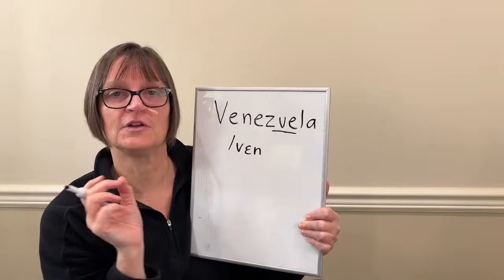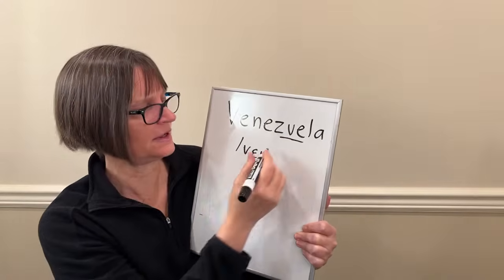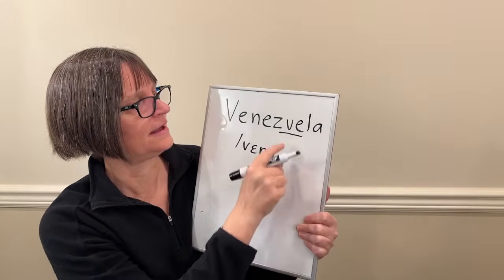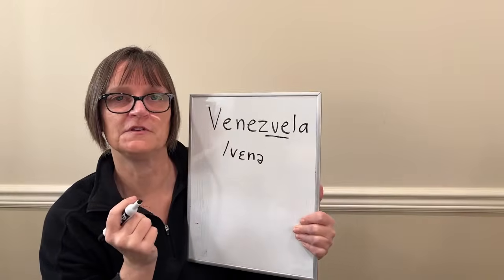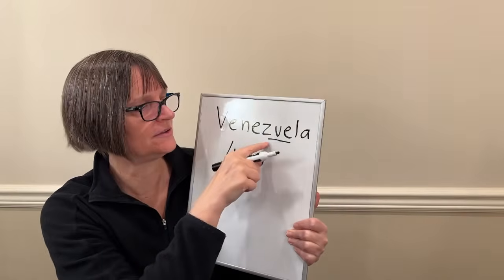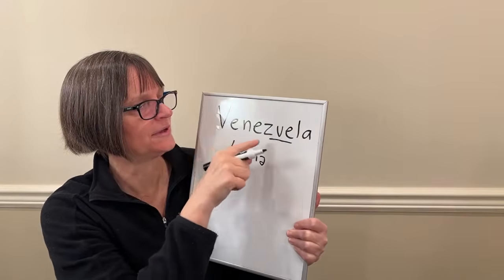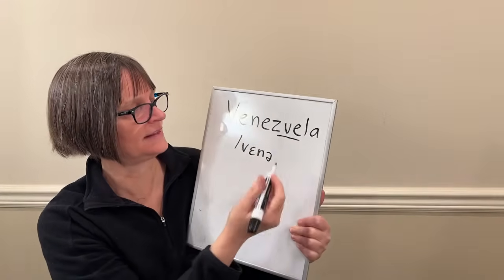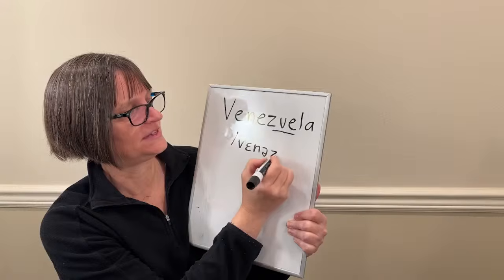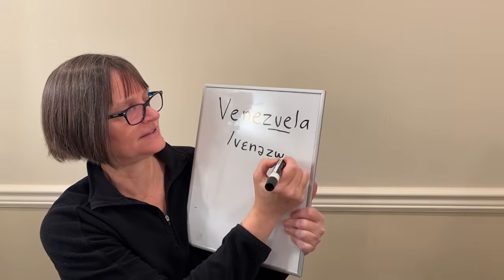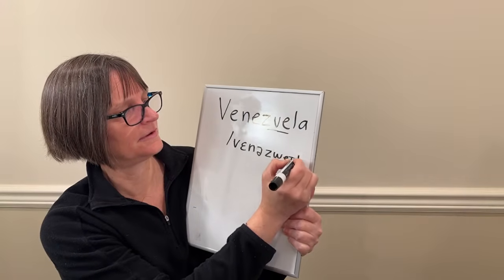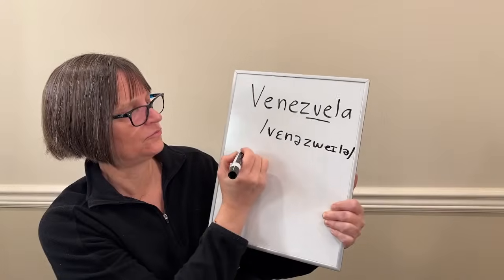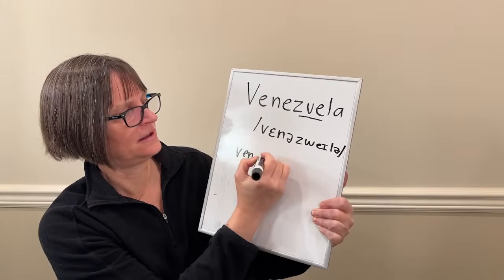Then the second letter E is going to be an eh in American English. Then probably the most confusing part is how we say the zue. In Spanish, we have s, u, and e. In English, we have a Z and a W sound and an A sound there, a diphthong. So rewriting that, it would be Venezuela.